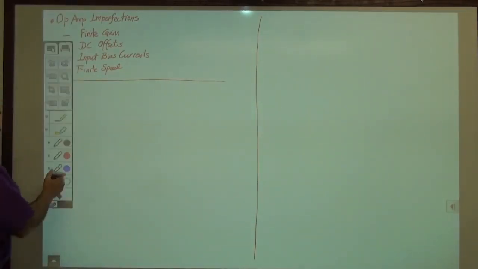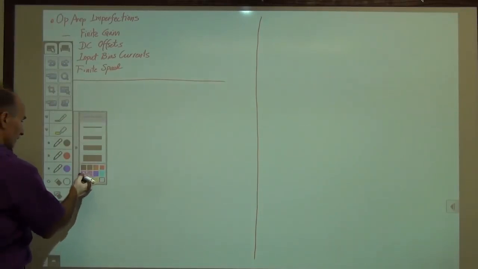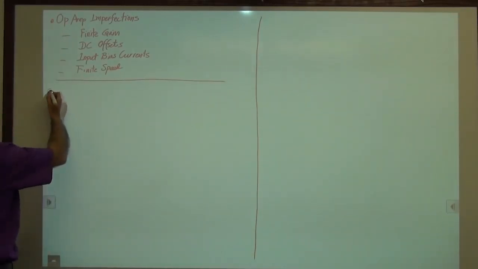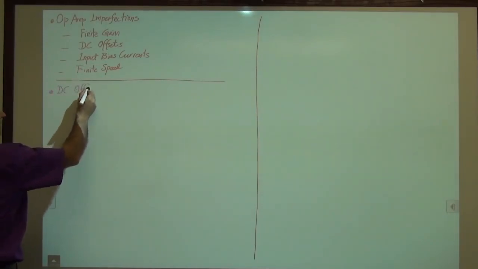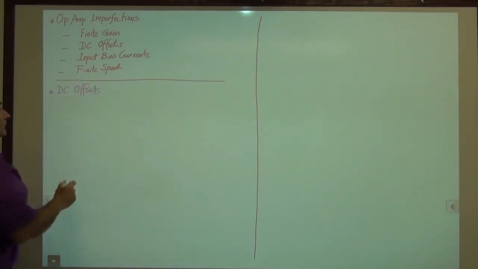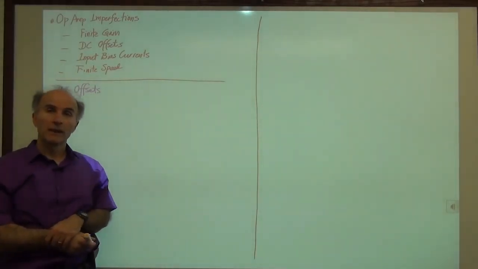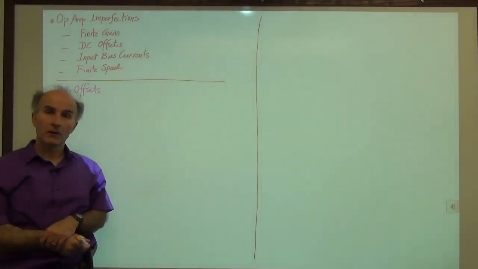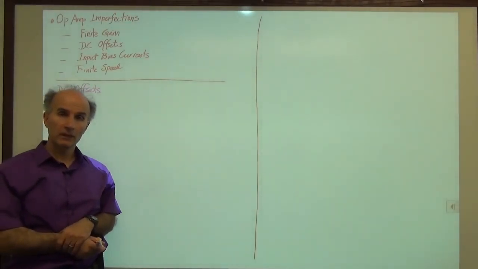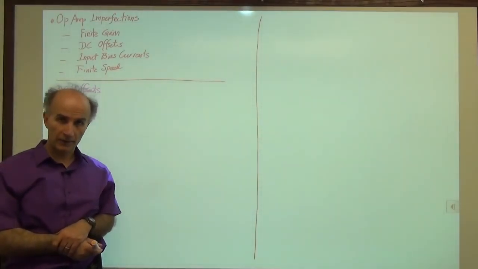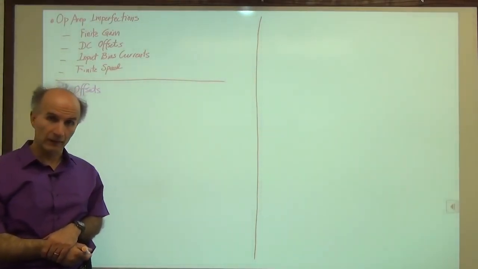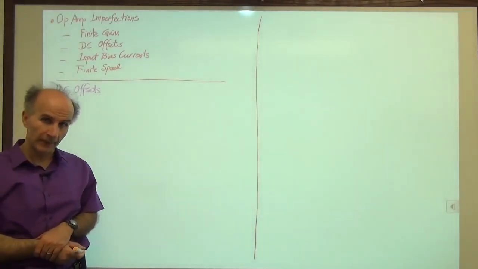All right, so let's change the color of our pen and let's talk about DC offsets. Well, DC offsets are random voltages that appear at the input of the op-amp.